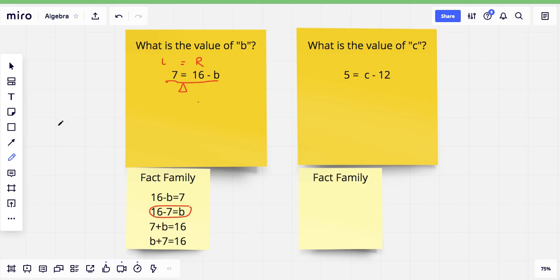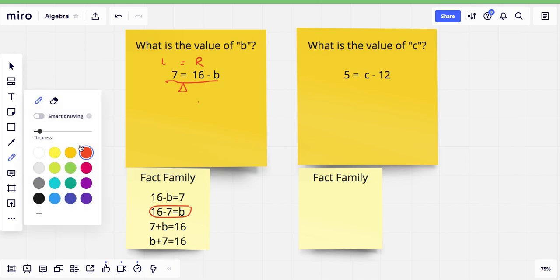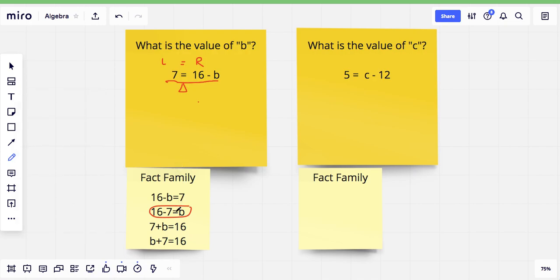So what I'm going to show you here is how those two can connect, because I know some of you are at the stage where you can use your fact families to solve, and others might still choose to draw a picture. So I'm going to start with 16 dots. 1, 2, 3, 4, 5, 6, 7, 8, 9, 10, 11, 12, 13, 14, 15, and 16 dots.